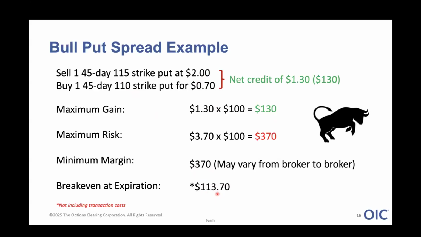If the shares close at 113.70 on expiration and you do nothing, these puts will get exercised, your 110 puts will expire worthless, and you will effectively be long stock at roughly 113.70. If the shares close below 113.70, you'll be sitting on an unrealized loss. If the shares close above 113.70, you'll be sitting on an unrealized gain.